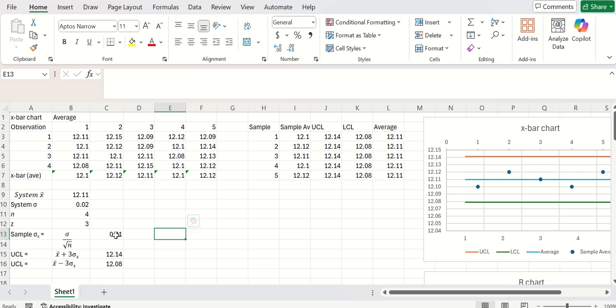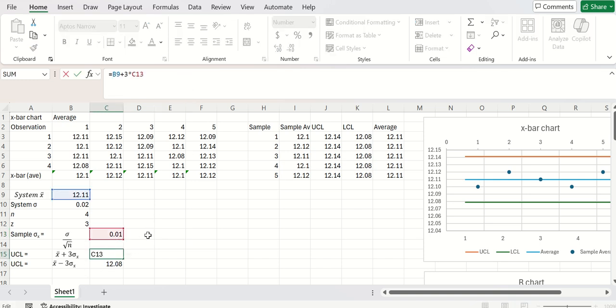Now the next thing that we do is establish an upper control limit and a lower control limit. The upper control limit is our system average, which we've already calculated, plus 3 times the sample standard deviation.